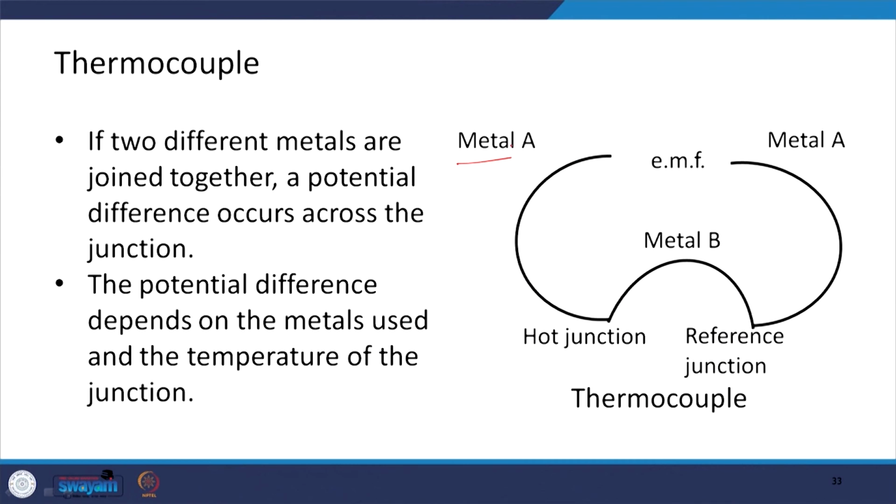So, if you have metal A and metal B, and there are two junctions, say one is a reference junction and another is a hot junction, and they are placed like this, then you get an EMF. That is the principle of the thermocouple. The potential difference depends on the metals used and the temperature of the junctions.